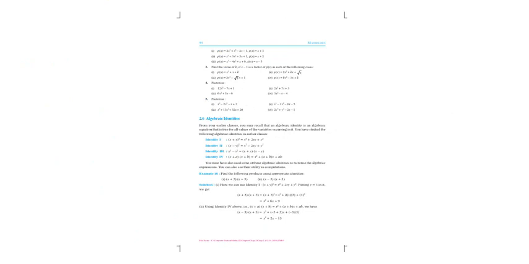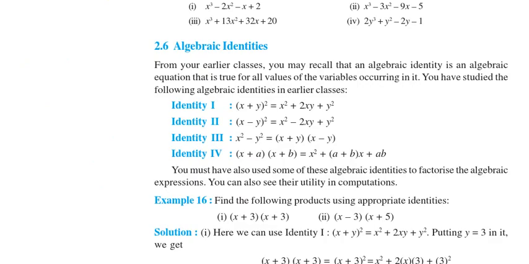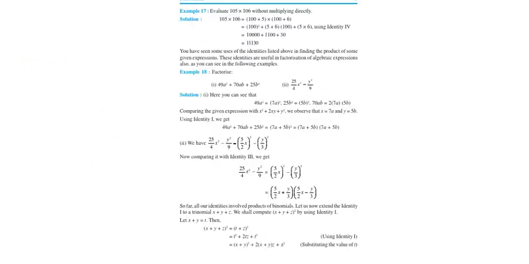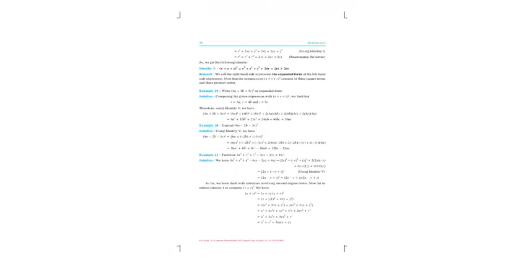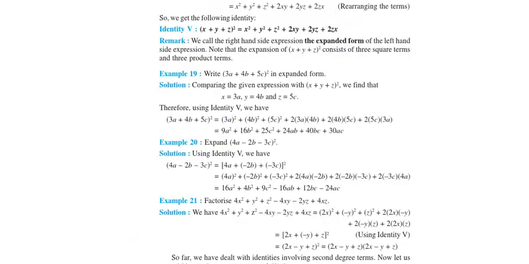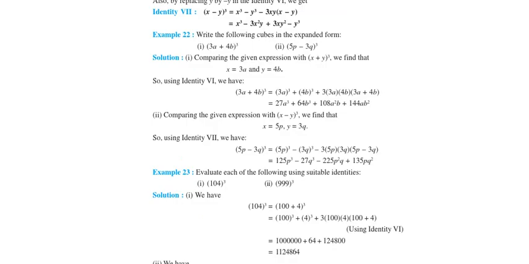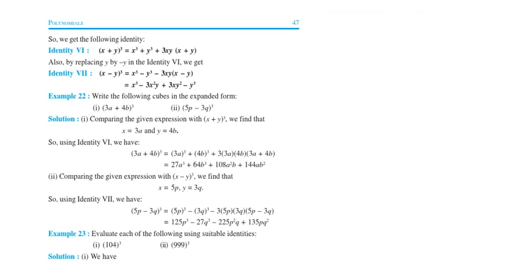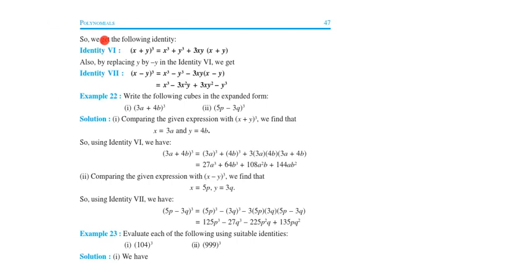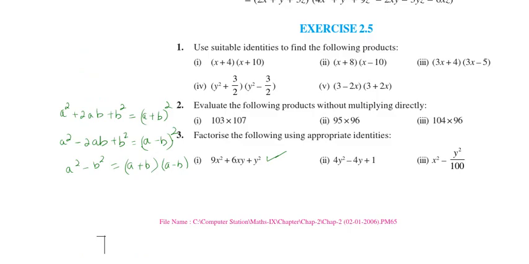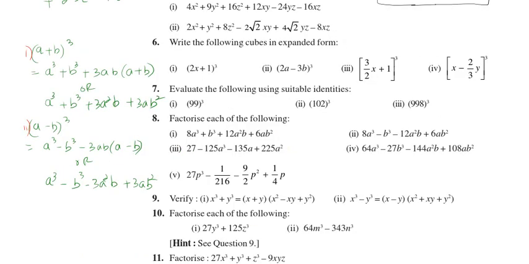On page number 44, all the identities are written. Then page number 45, not 45, I think 46, there's another identity written, this one. Then on page number 47, another identity is written. So all the identities are written in the book. You can check. The identity which I have written is this one. Is this clear?